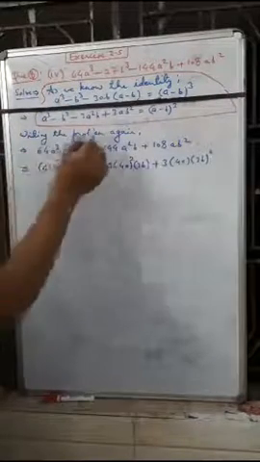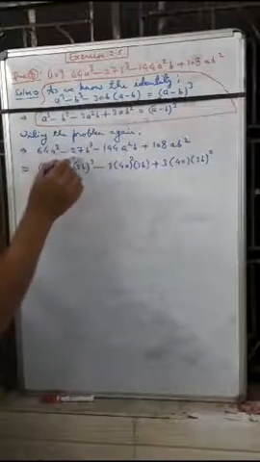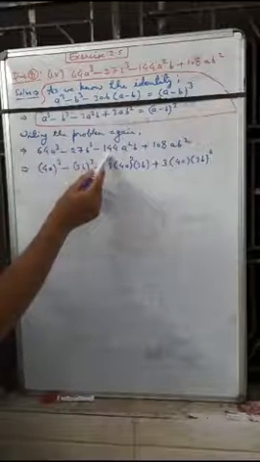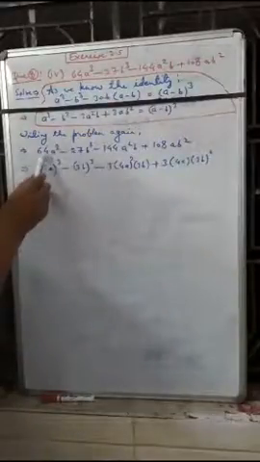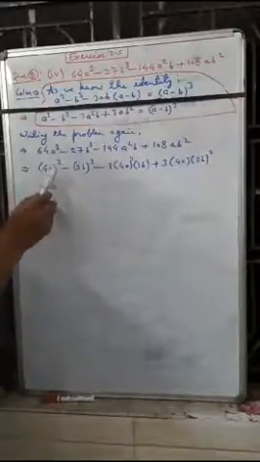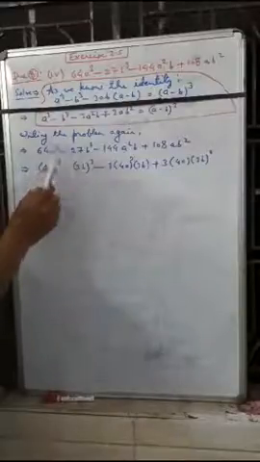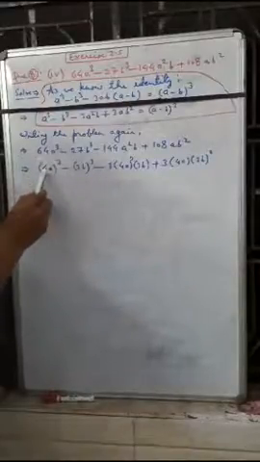So we will write the question again: 64a cube minus 27b cube minus 144a square b plus 108ab square. Now we can convert it into a whole cube. 4a whole cube is 64a cube, since 4 times 4 is 16, 16 times 4 is 64.